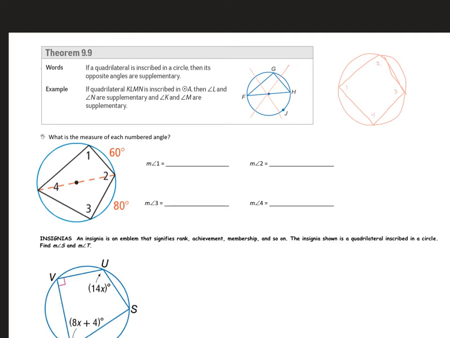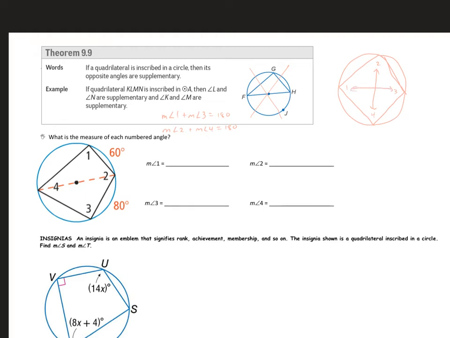That means that the measure of angle 1 plus the measure of angle 3 will equal 180. And that also means that the measure of angle 2 plus the measure of angle 4 will equal 180. So angles that lie across from one another will be supplementary.